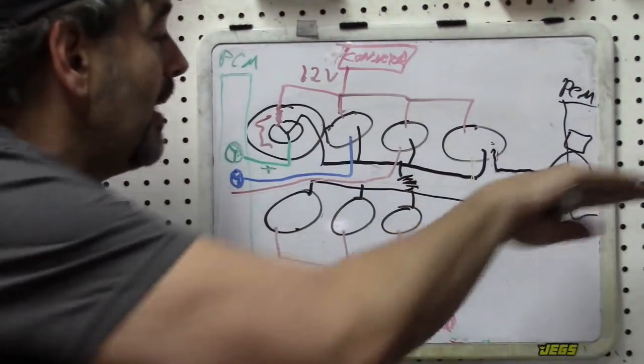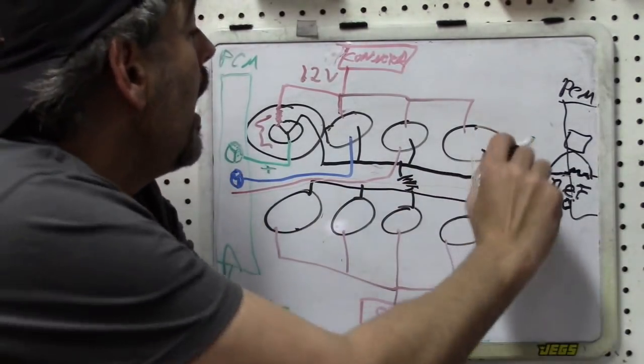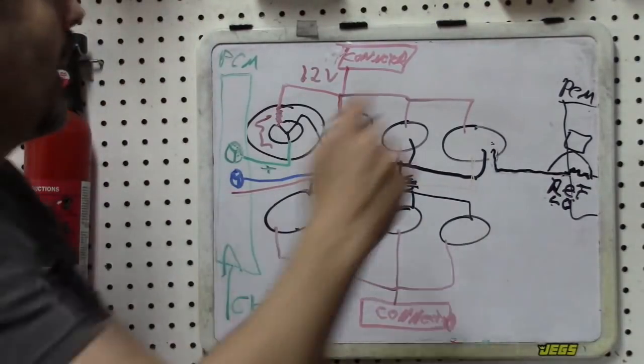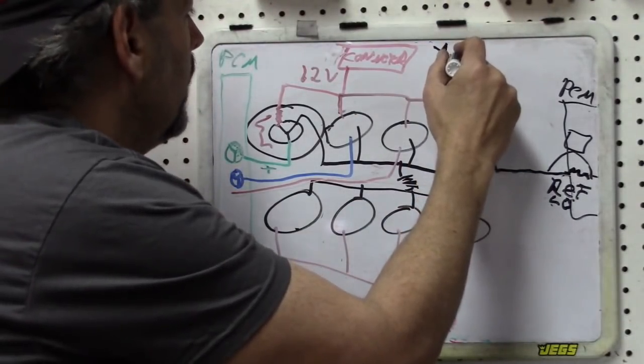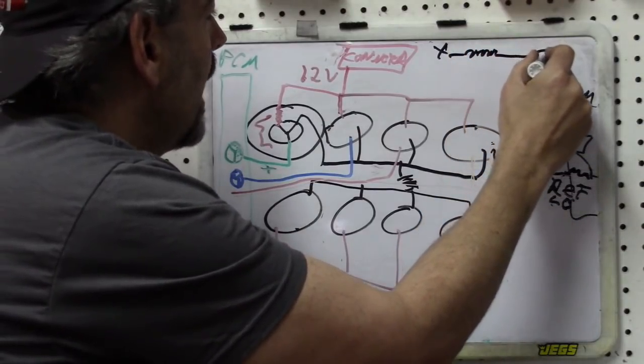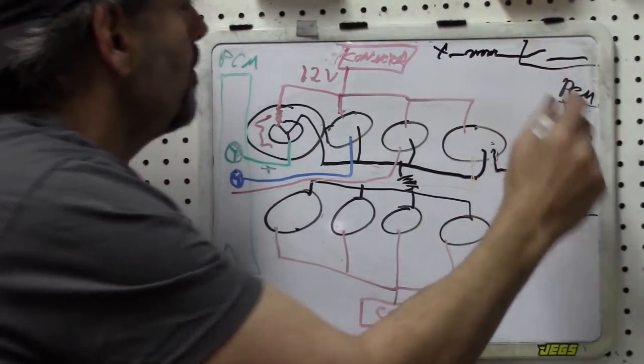Why couldn't we just run these right through the PCM? I'm thinking the reason you can't is because if you were to run a two-wire system, let's just do a real quick two-wire system. Okay, and then you got your on-off switching inside the PCM.